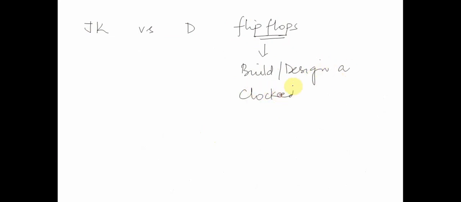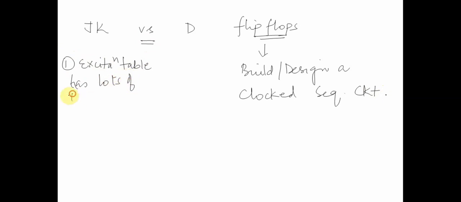clocked sequential circuit, right? Both of them have their own uses and disadvantages, but the main point of consideration over here is that the J and K excitation table has loads of don't cares.